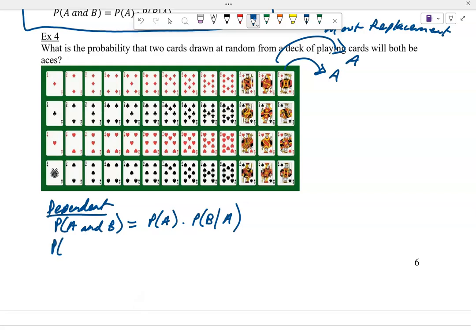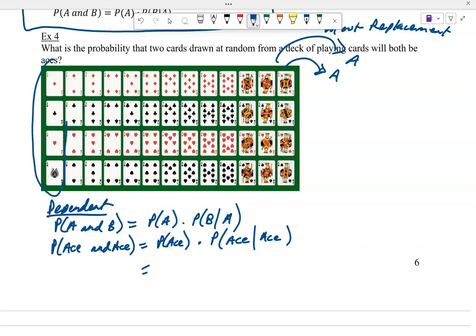So the probability of pulling an ace and an ace would be the probability of pulling an ace times the probability of pulling an ace again, given that I already pulled an ace and I did not replace it. So what's the probability of pulling an ace? Well, how many aces do I have? 4, right? I have 4 out of 52. So I pull it out.